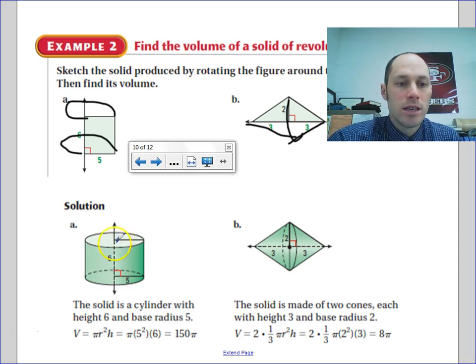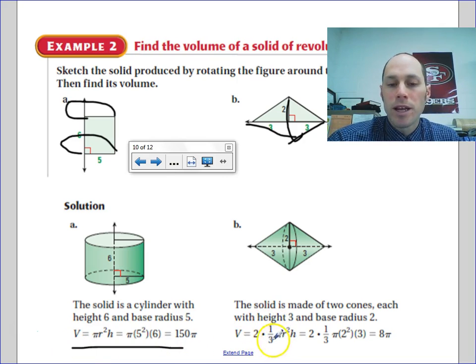So if we take this rectangle and spin it around, it's got a height of 6, radius 5, we can calculate the volume accordingly. Like I said, we'll talk more about volume in a later lesson. Same here. We got these triangles 2 by 3, which means 2 will be the radius as it rotates around because it's always a length of 2. Then it's a height of 3 on each cone.